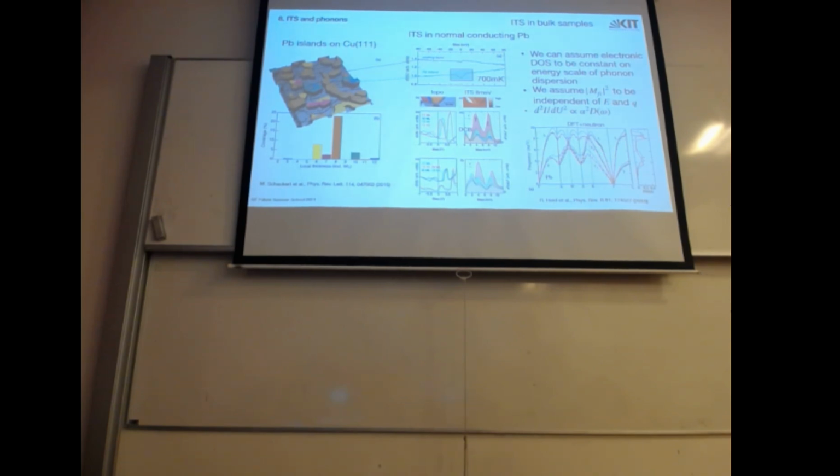If you now go to really low temperatures and measure the second derivative of the tunneling current, you get these kinds of curves. The red one is for a certain thickness, 11 monolayers. You get 2 peaks, and you get some peak near 0.